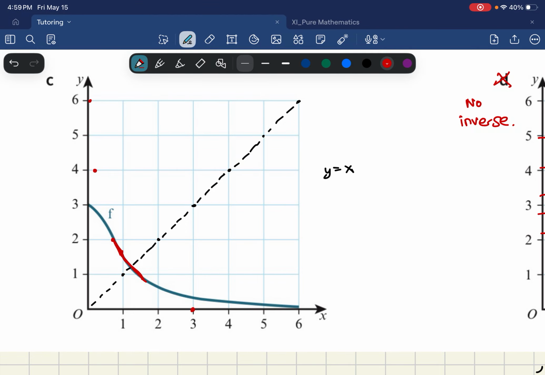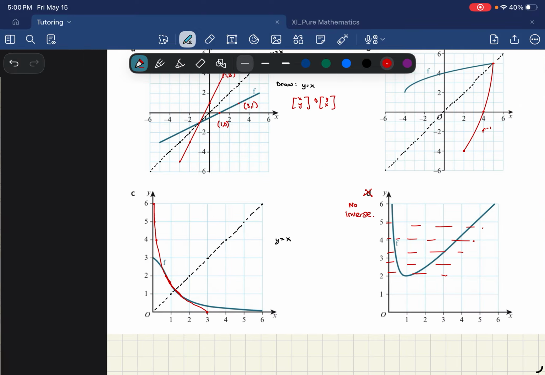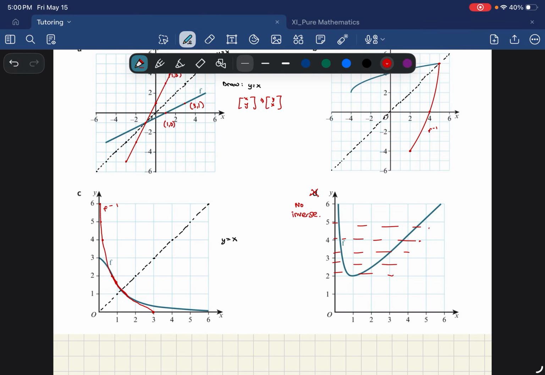And then you have like 5 comma 0.1, so 0.1 comma 5. And then you want to connect these points. Just approximately, I'm guessing the points. So your inverse function looks something like this. All right, that looks acceptable. So this is going to be f inverse.